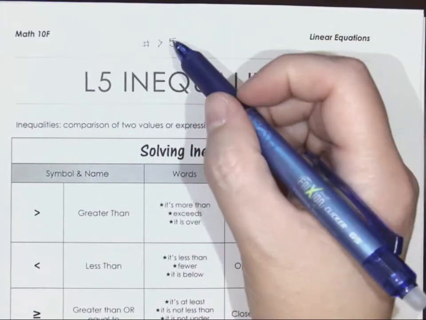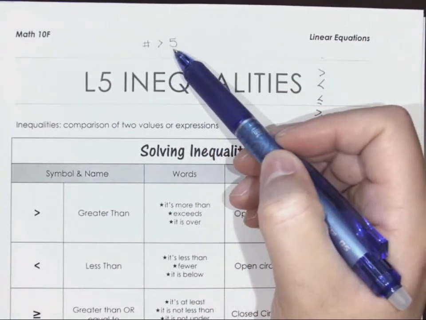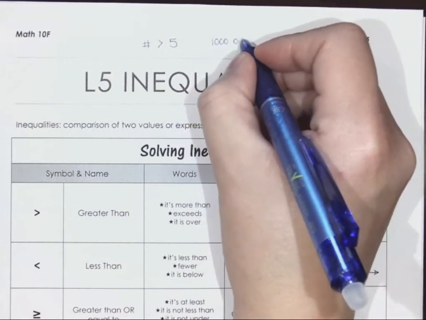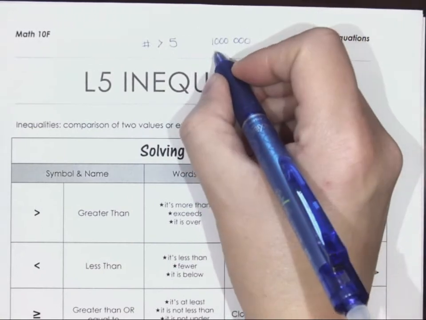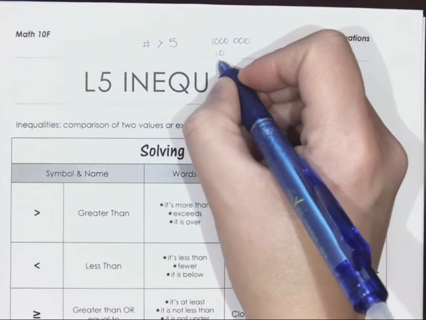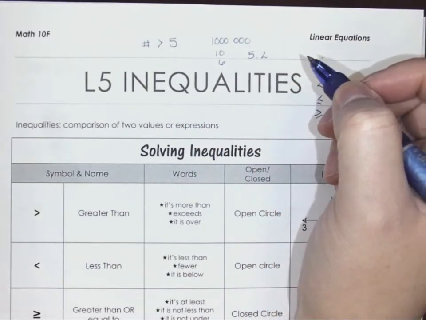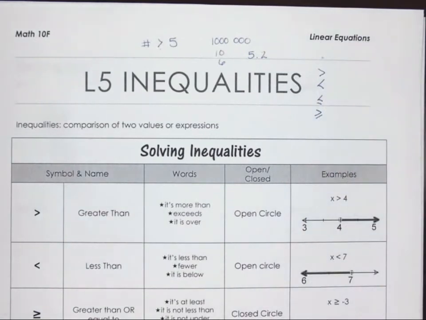Ooh, I wrote that up there. So a number greater than 5, what did I give? I gave 1,000,000 as an answer. We said 10, 6 would work. You could always say 5.2, 5.5. So there's a bunch of numbers that satisfy that inequality.